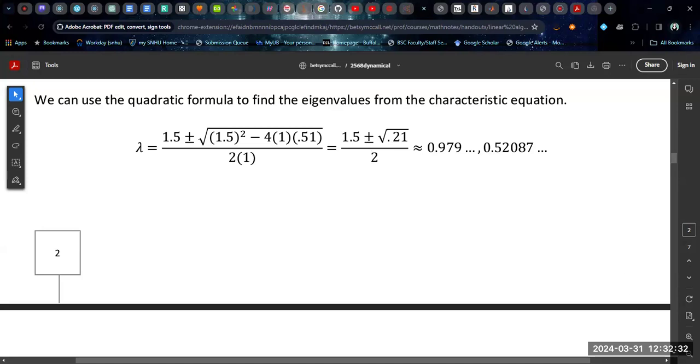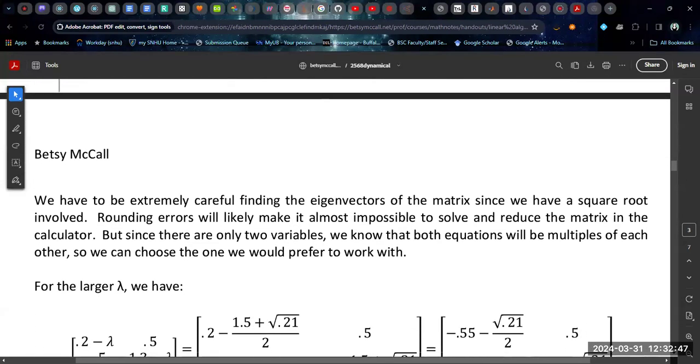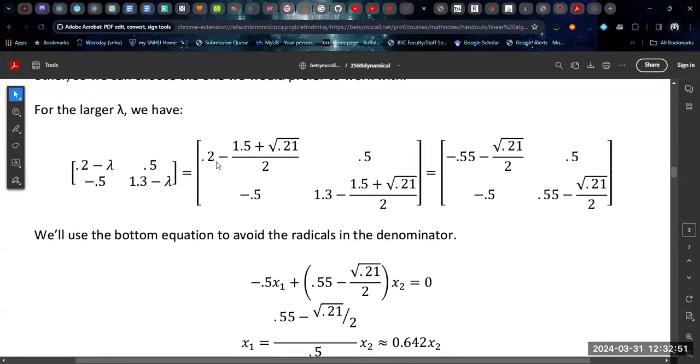Again, you may recall from dealing with square roots and complex eigenvalues that once we find one eigenvector, we can find the other one by just applying the conjugate. So that also works for square roots. So we'll use the positive one, and I'll substitute that into my equation. Now, if we do a little bit of arithmetic to simplify, we end up with this.